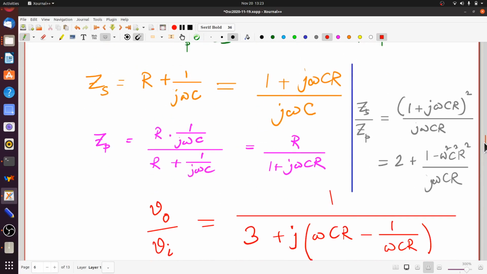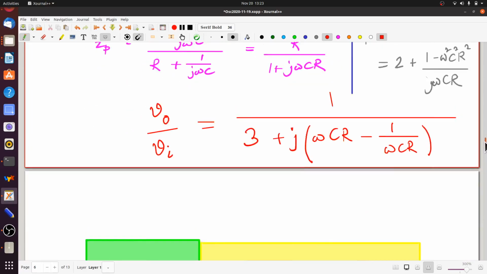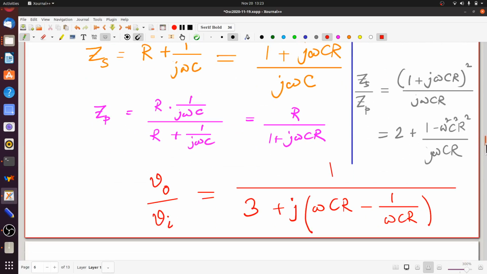And when you plug all of it back, you get the VO by VI ratio for the lead lag network to be 1 by 3 plus, it was 1 plus Zs by Zp in the denominator, remember? So 3 plus j times this quantity, which is omega CR minus 1 by omega CR.